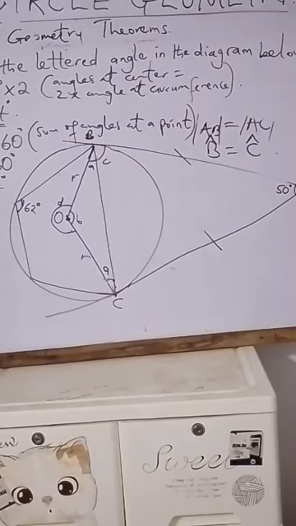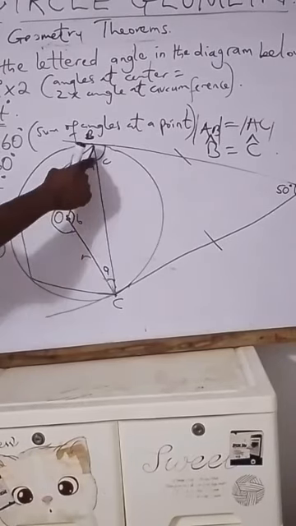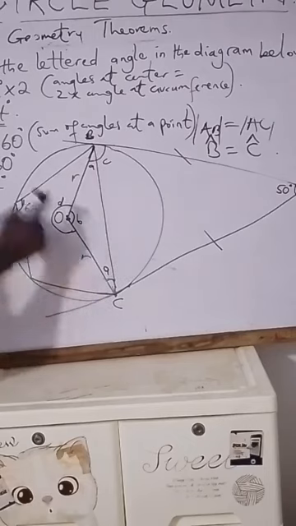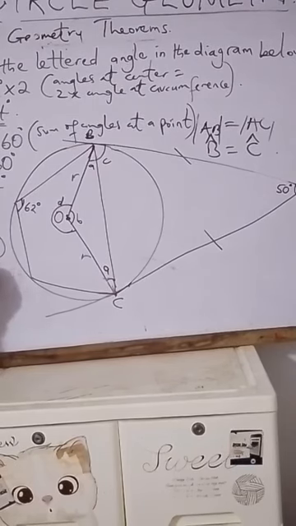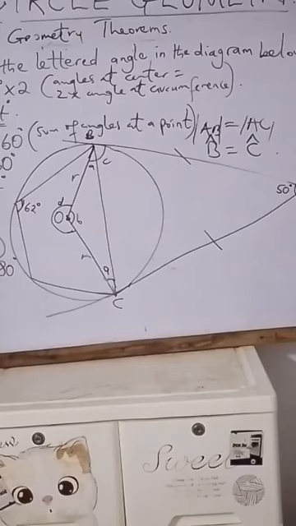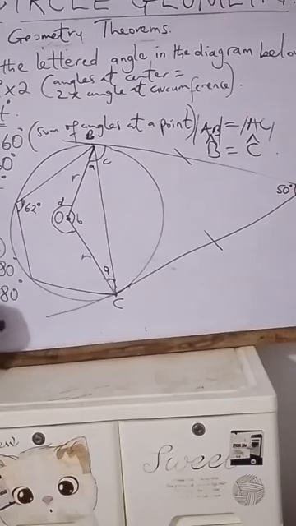Automatically, B plus A plus A is equal to 180 degrees. Why? Sum of angles in a triangle. This angle plus this angle plus this angle is 180 degrees. So B we said is 124 degrees. So 124 degrees plus 2A is 180 degrees. 2A is 180 degrees minus 124 degrees.